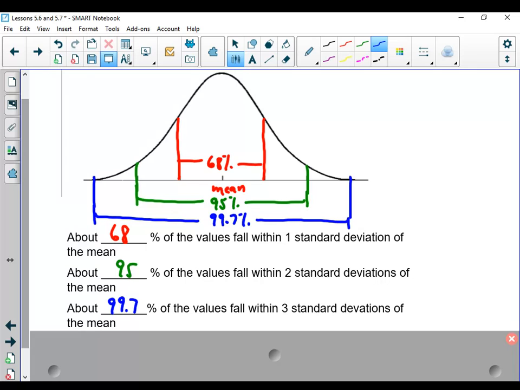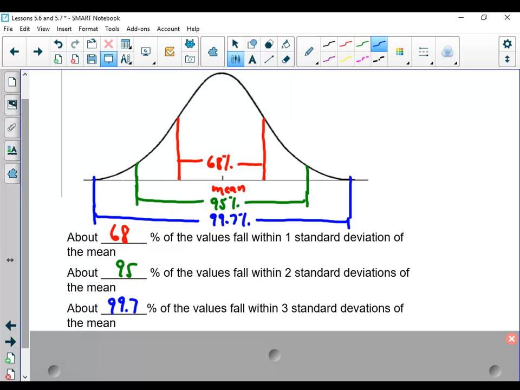Now, this rule that we came up with actually helps us a little bit with what I call benchmark percentiles. So on that curve that I gave you there down at the bottom, hopefully you mark these parts on there. But we're also going to mark what I refer to as some benchmark percentiles.